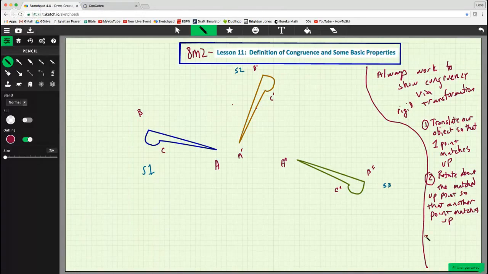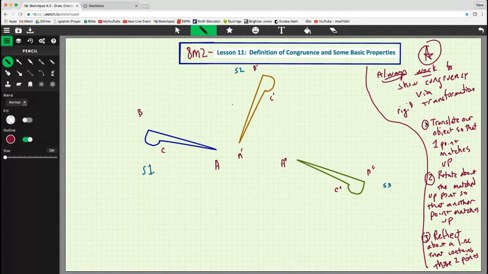And then third, if we need to, we are going to reflect about a line that contains those two points. And this will always work. This will always work. And let's see how this always works.